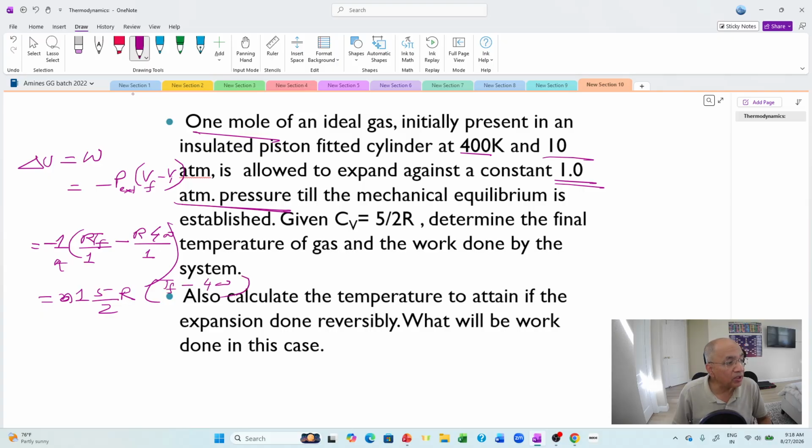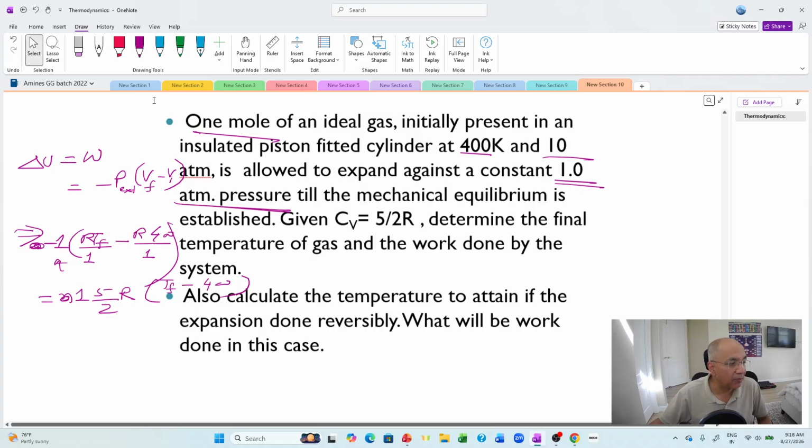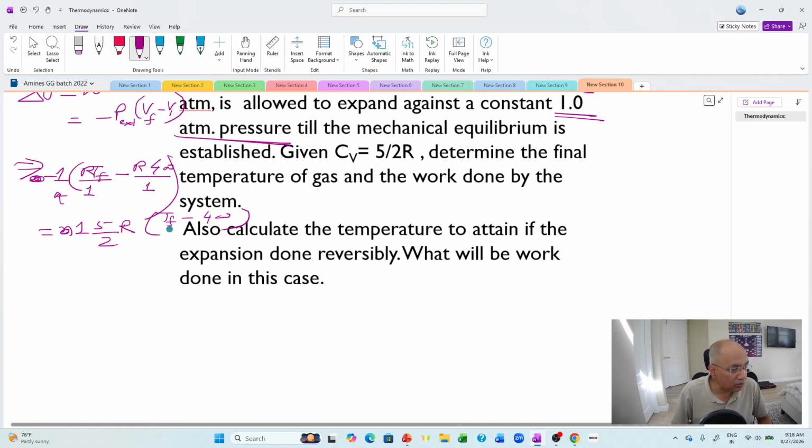So you have to solve this equation. In the left hand expression there is an unknown TF, and in the right hand expression there is also the same unknown TF. So can you just calculate for me RTF minus 400 R?